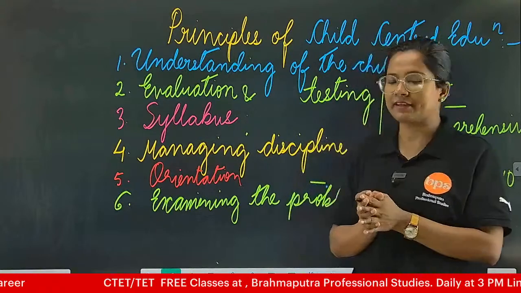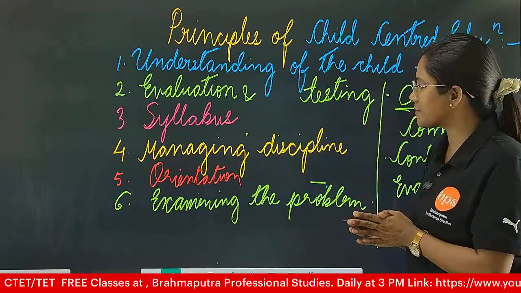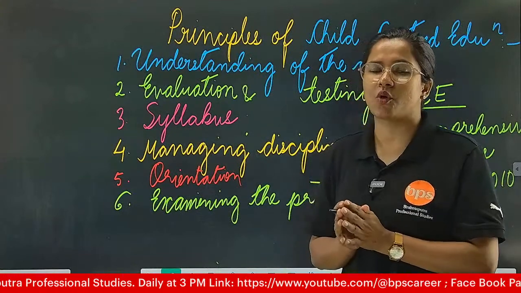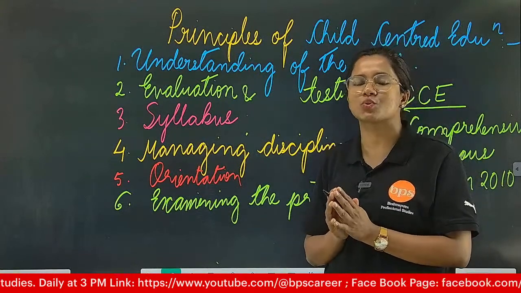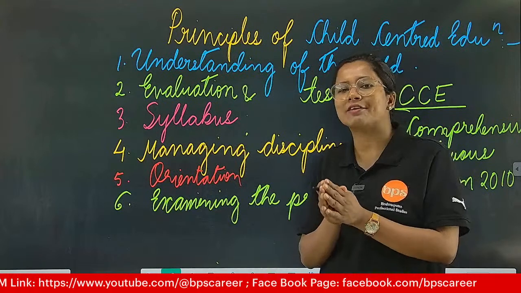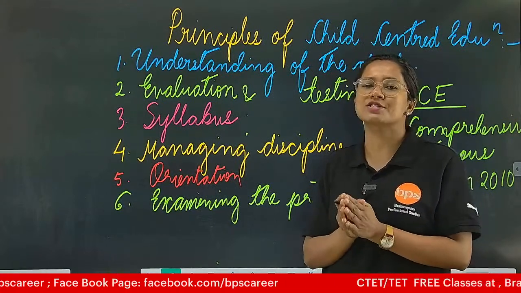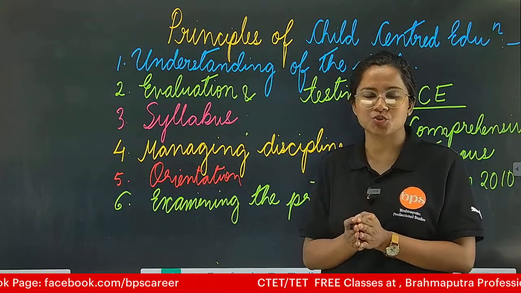Okay. Then we have the concept of orientation. Now, what do you mean by orientation? Orientation is the process where you need to understand the child and make the required solutions. What are his issues?